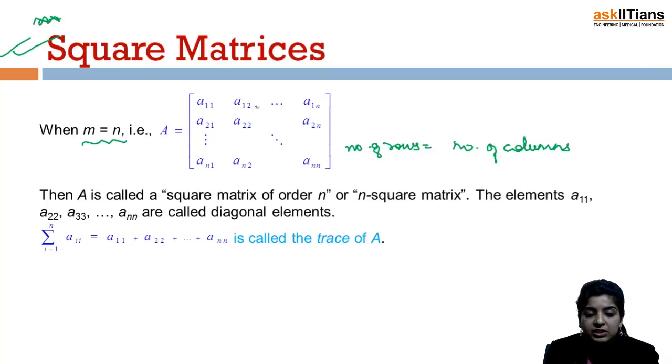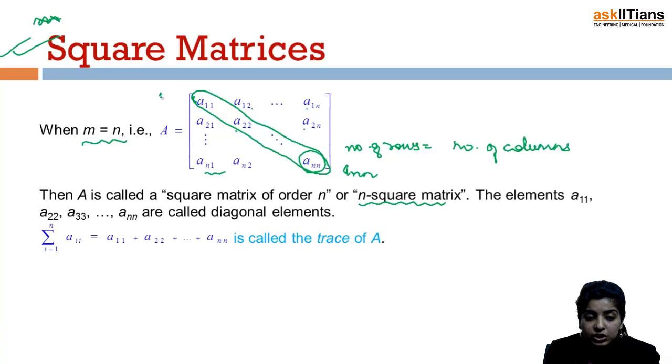So I have the matrix A11, A12, A1n, A21, A22, A2n, An1, An2, Ann. Just note that we have Ann and not Amn. So we term it as an n square matrix or a square matrix of order n. The elements A11, A22, Ann are termed as the diagonal elements, or you can say the elements for which i equals j. These are the diagonal elements.